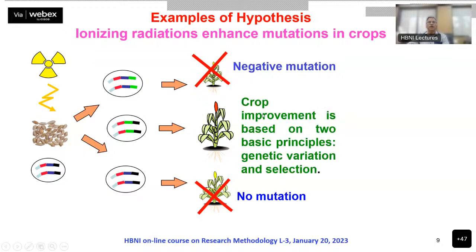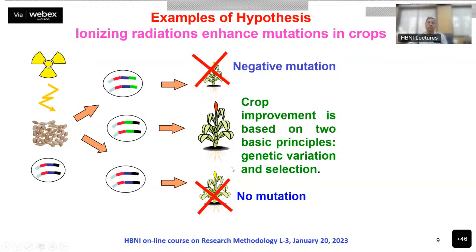So basically, you are trying to improve the crop by means of radiation, and this is based on two principles: genetic variation. Because of the genetic changes by radiation, some of the seeds may undergo mutation. The mutations have been accelerated by radiation.